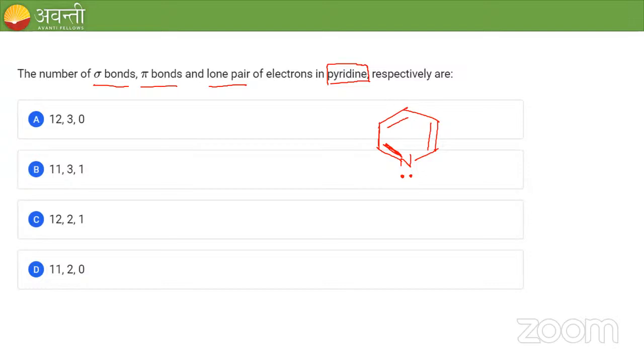So which option is correct? Option A, B, C and D. Which is the correct answer? Suhra is going for option C. Okay. What about others?